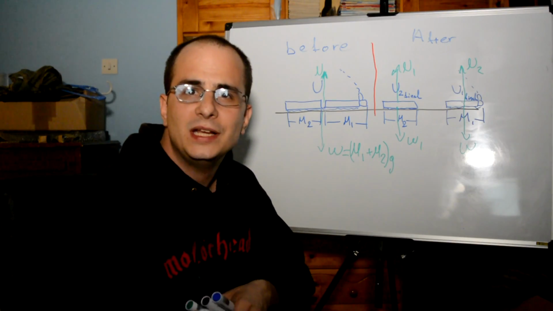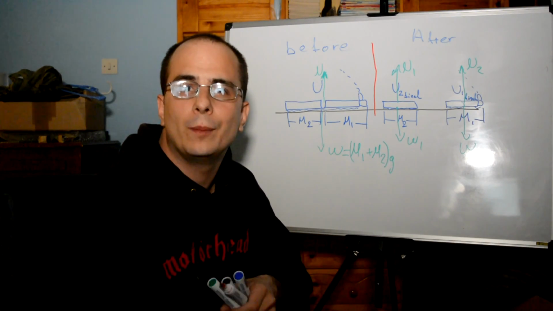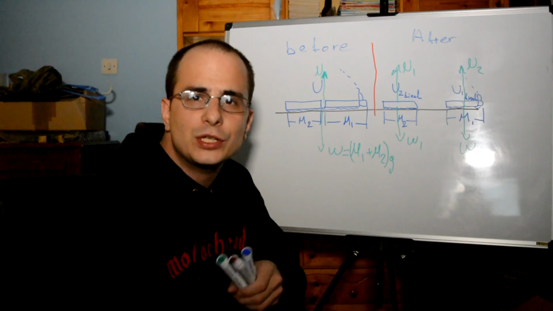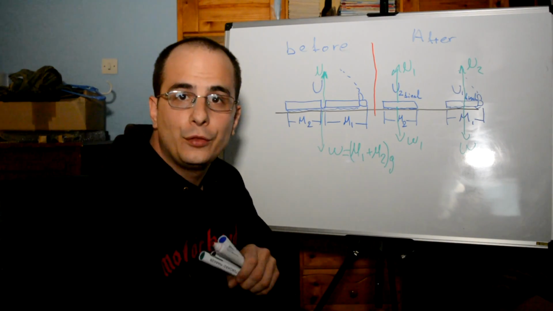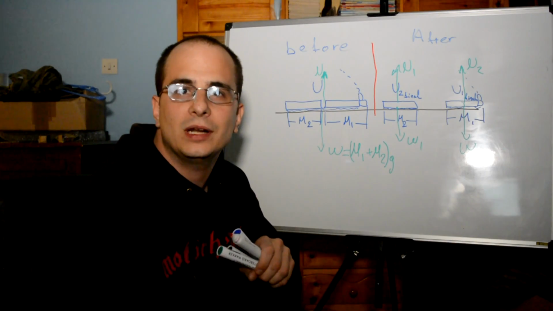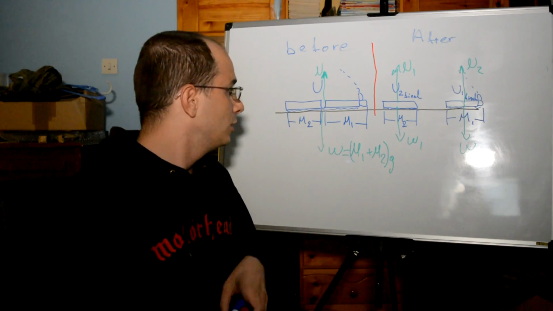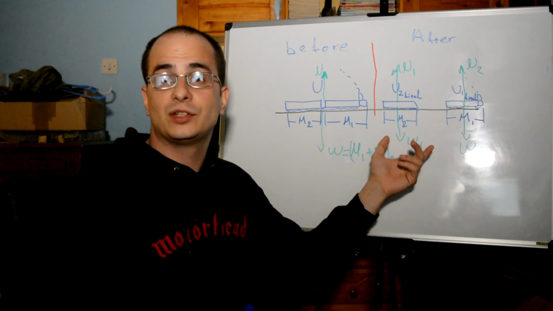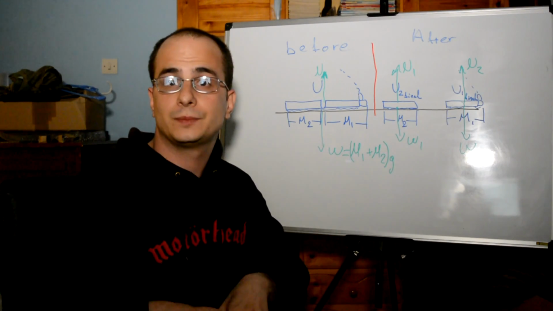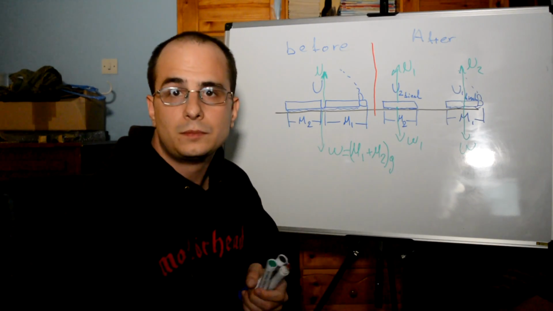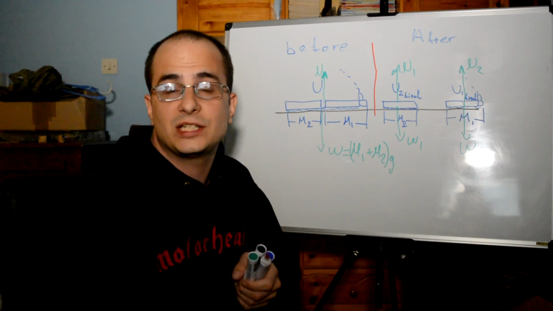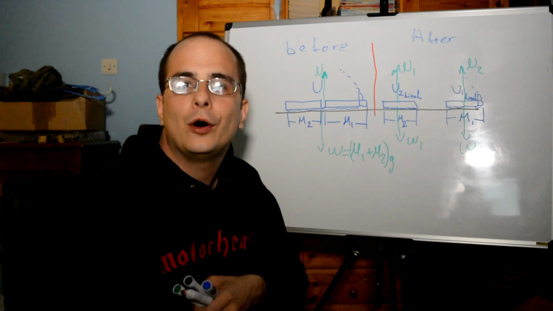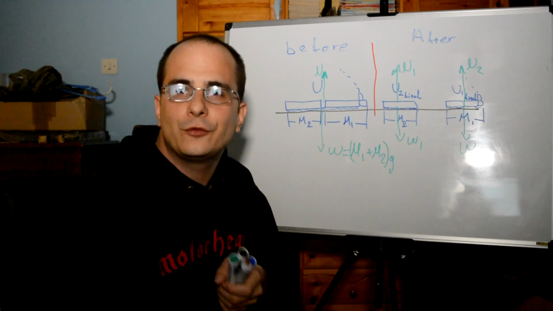The first step is to understand why the law of conservation of momentum works. As you can see on the whiteboard, during the whole motion of the train, the only forces applied on the train are its weight, combined or in separate forms in the separate carriages, and also the reaction from the ground. Since we do not have any movement on the vertical axis, the total net force is 0.